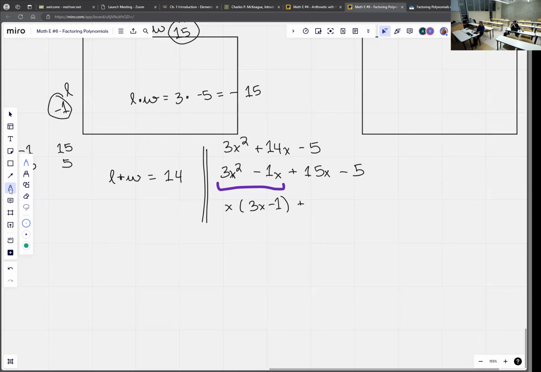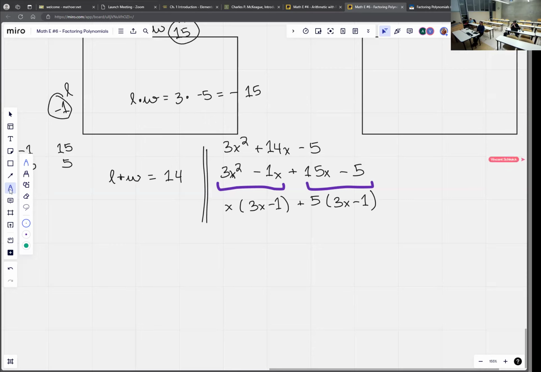How about the other part over here? 5. There's 5 in both 15 and -5. And lo and behold, 3x minus 1 appears in both places. The process works. You should feel good at this part, right?